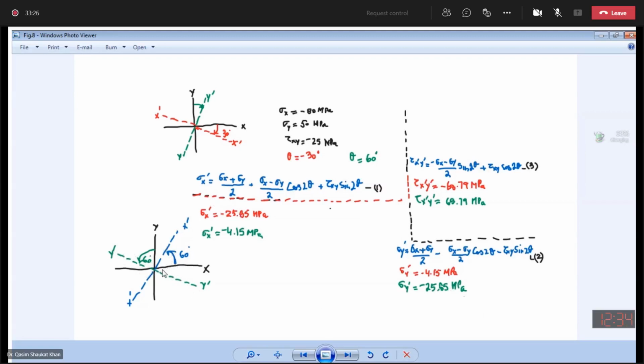So at the plane which is 30 degrees clockwise from the x-axis, over that plane the normal stress value is minus 25.85 megapascal. So it means that the value of the normal stress depends on the orientation of the plane. Over the same orientation of the plane you will get the same values of the stresses. Is this point clear?